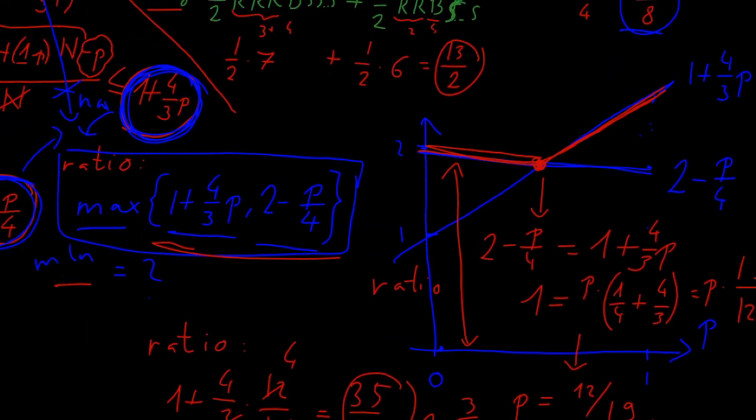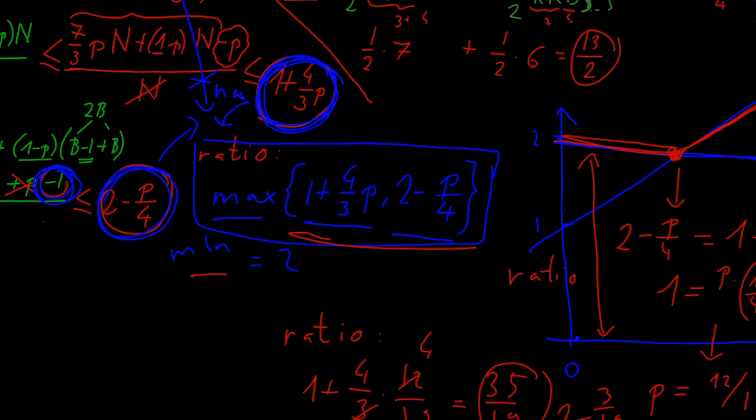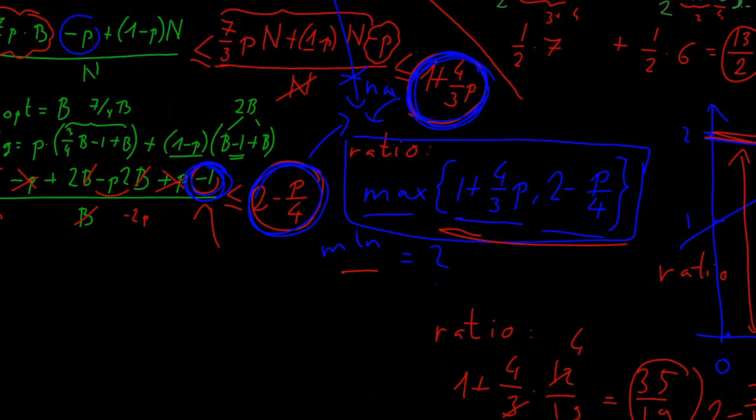And if we make an exact computation, not getting rid of this -1, then we get 1 plus 4/3 P equals 2 minus P over 4 minus 1/b.